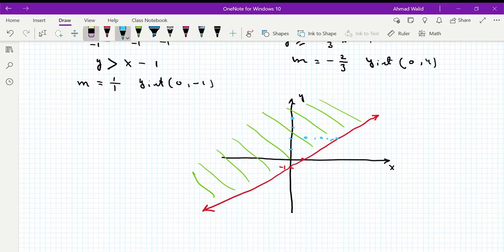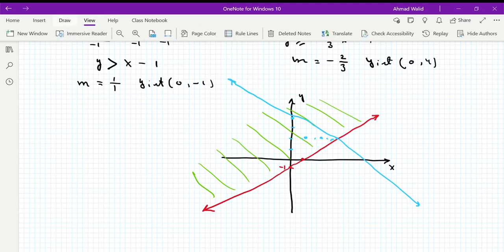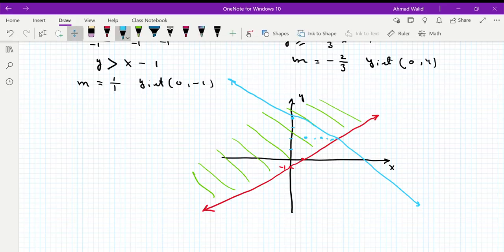I need a solid line for the blue one. For the first one, the red one, I made a mistake. I have to graph the red line with a dashed line. You see, easily I made a mistake. This one should be a dashed line because I only have greater than.